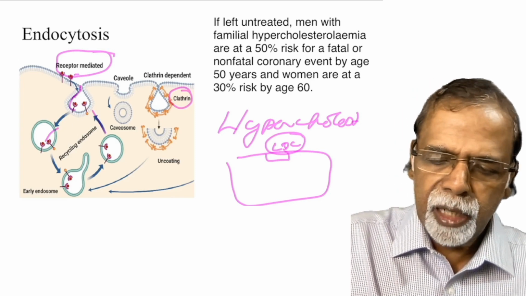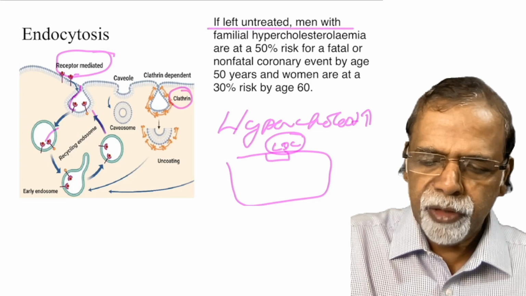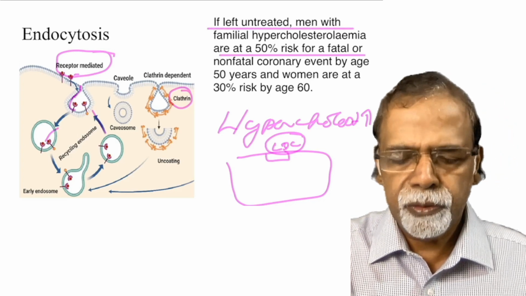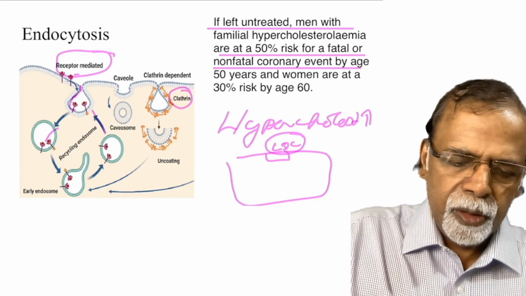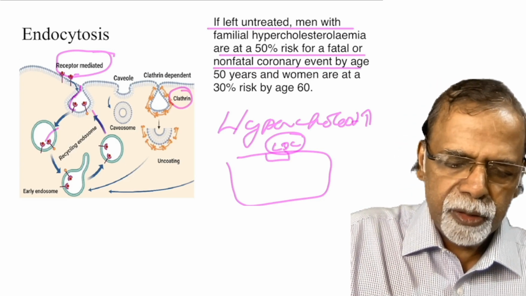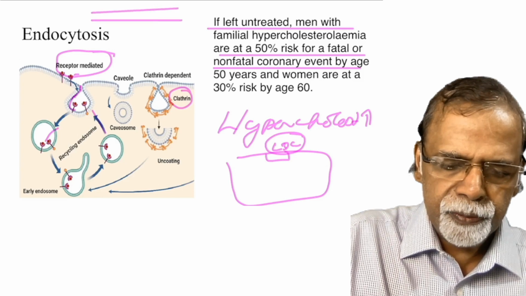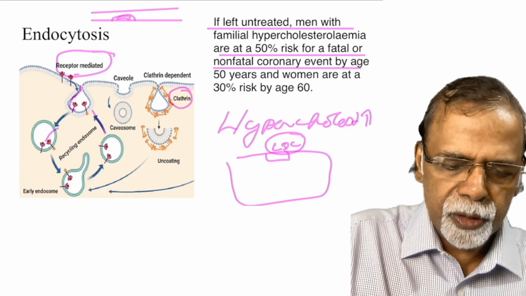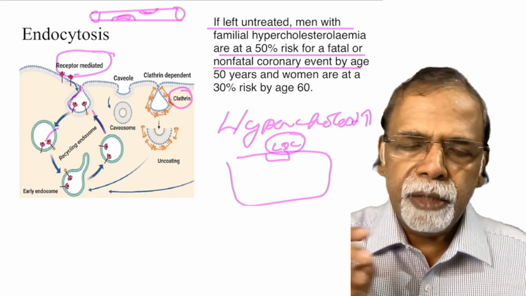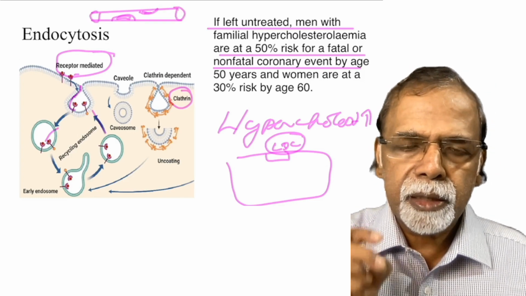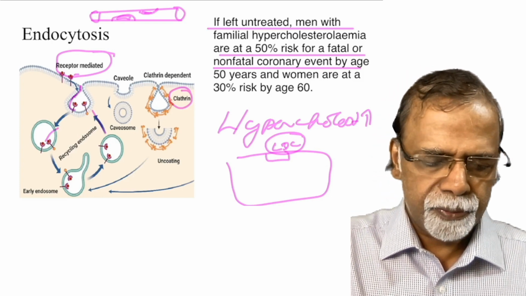In such cases, if left untreated, there is a 50% risk of fatal or non-fatal coronary events by the age of 50 years. So they can develop myocardial infarction, because myocardial infarction is due to deposit of cholesterol in the blood vessels and blocking the blood vessel. So familial hypercholesterolemia is due to a defect in the LDL receptor-mediated endocytosis. That is the clinical relevance.